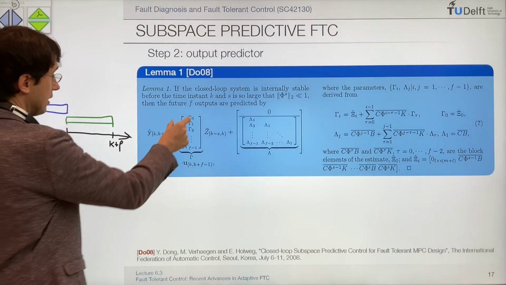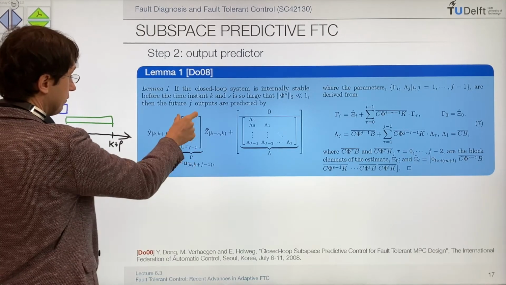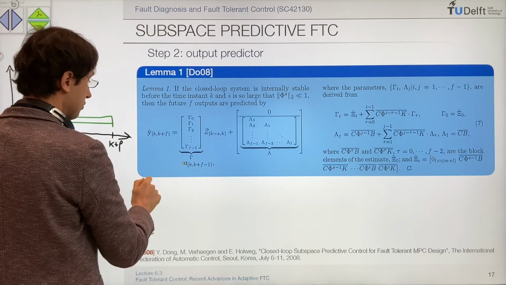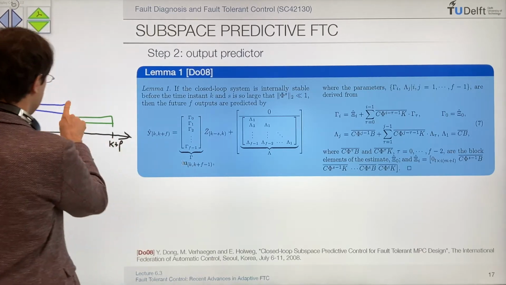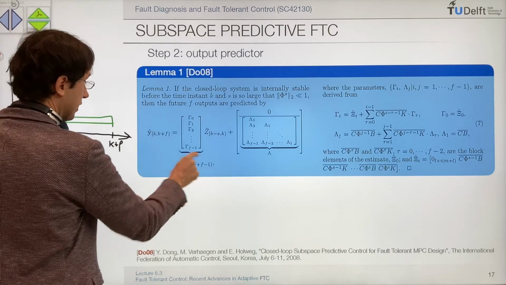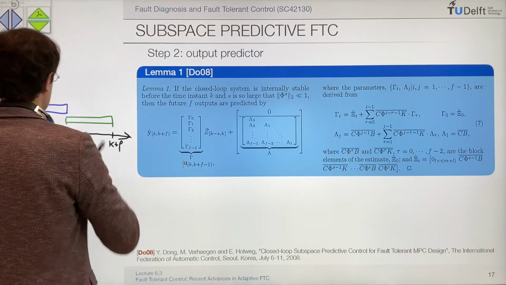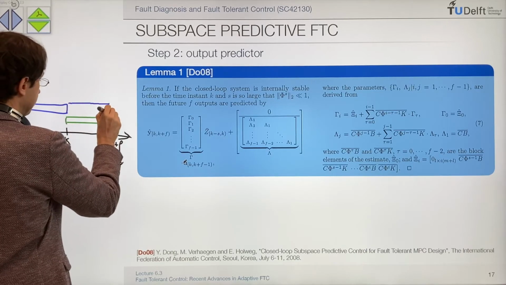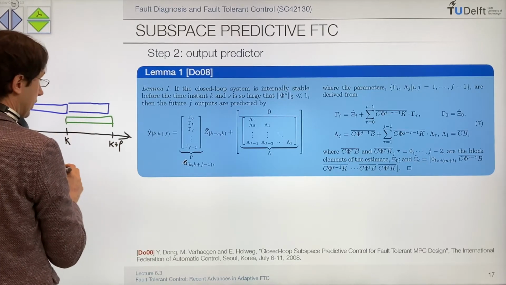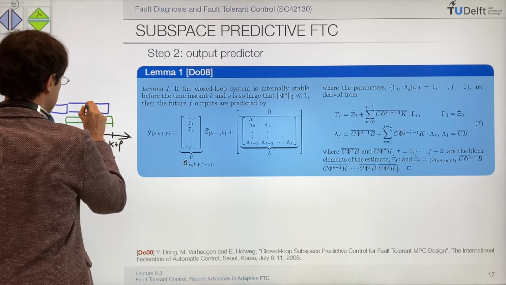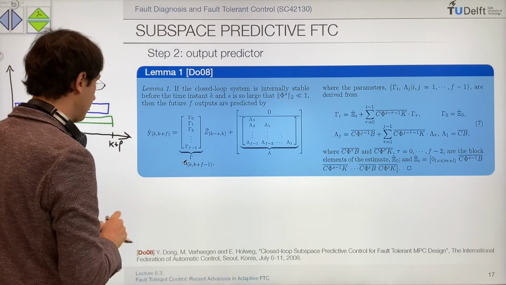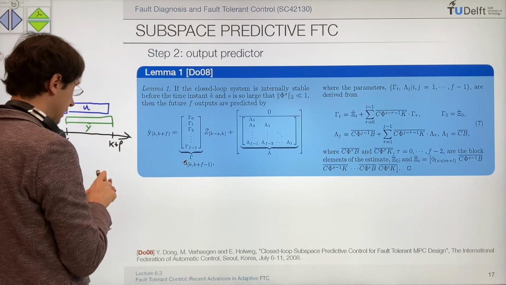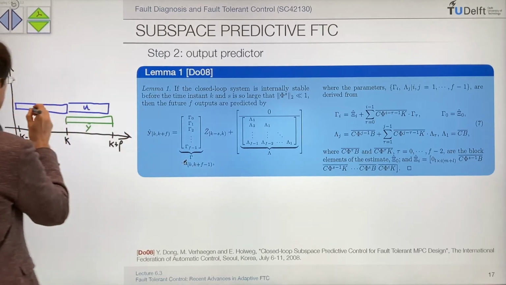And using values of the input u from time k to k plus f minus 1. So this is again in the future, but the good thing is, we have here the u, here the y hat that we want to predict, and here we have the z over bar.